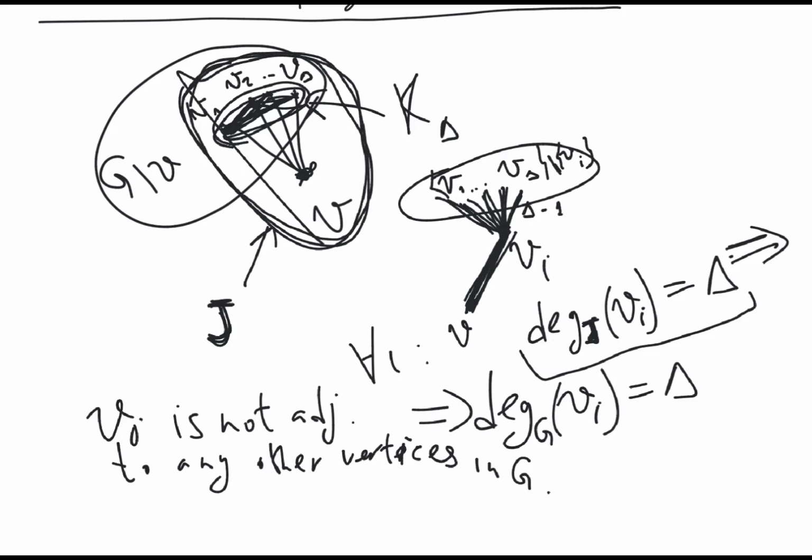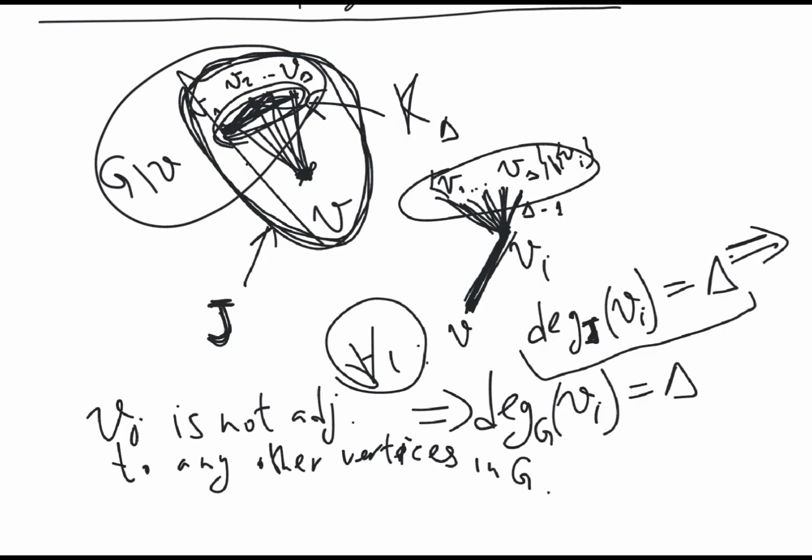This is because for any i, this subgraph basically, and V also is adjacent only to these vertices V1 through V delta by definition.